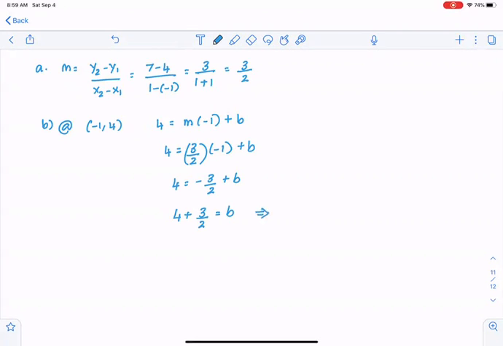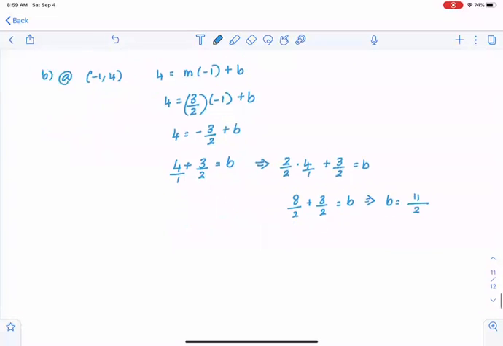We need a common denominator. We have 4 over 1, multiply and divide by 2. So we have 8 over 2 plus 3 over 2 equals b. The common denominator is 2, so we combine the numerators. 8 plus 3 is 11.